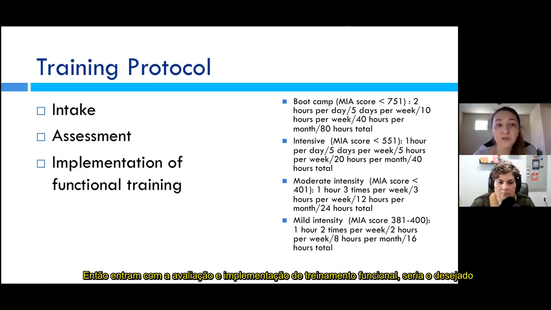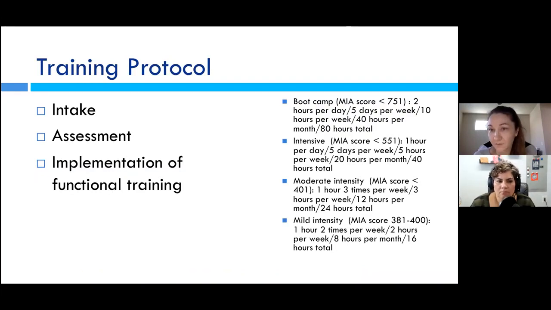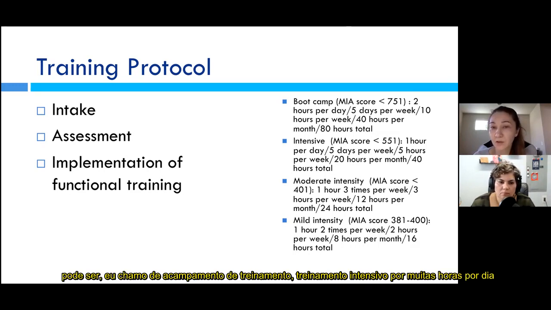So the intake, assessment, and implementation of functional training would be the order of how I thought of that. And depending on the score on the MIA, it would be either what I called a boot camp, very intensive training for many hours per day, then intensive, moderate, and then mild, depending on the correlation between the MIA score and the red flags of ASD.